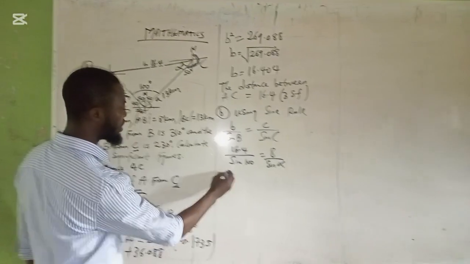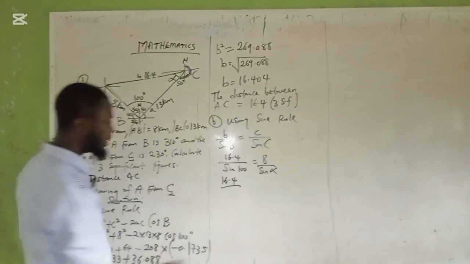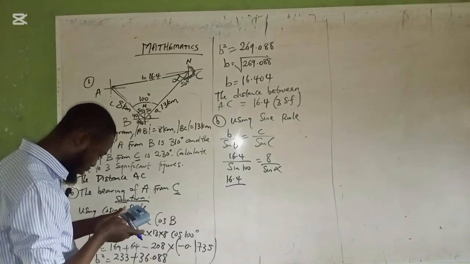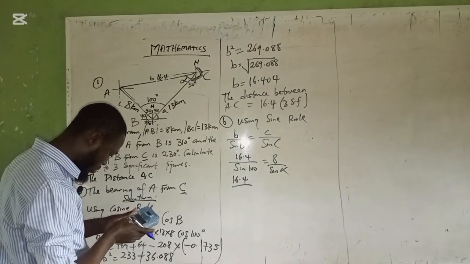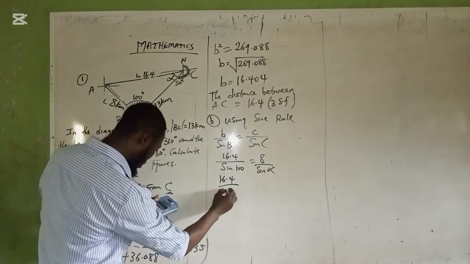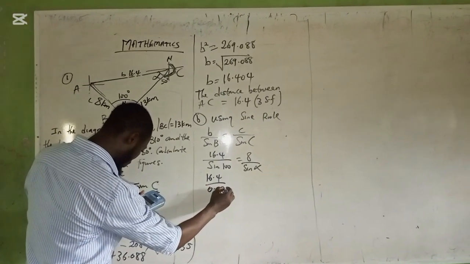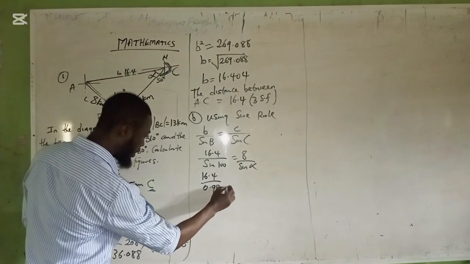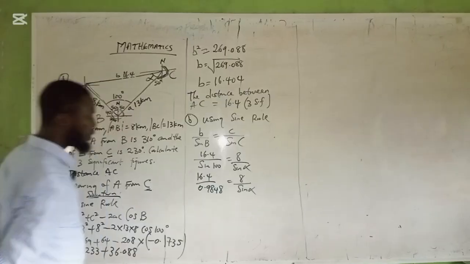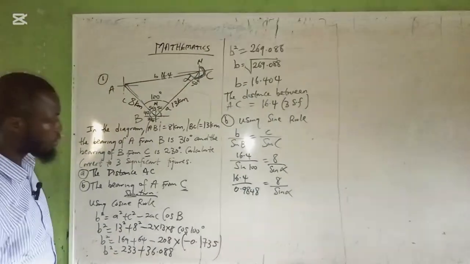So in this case, we have 16.4 over sine 100. Get the value of sine 100, which gives us 0.9848, is equals to 8 over sine alpha. The next step is to cross multiply.